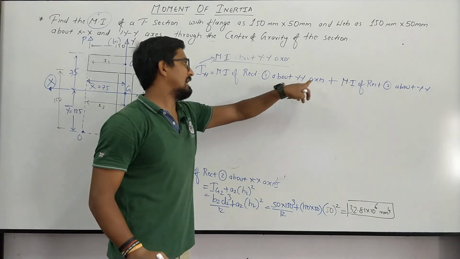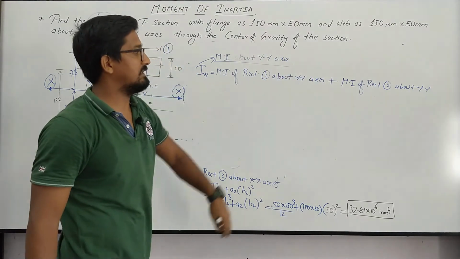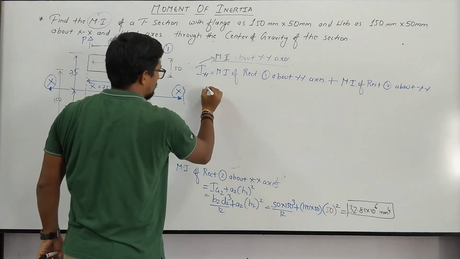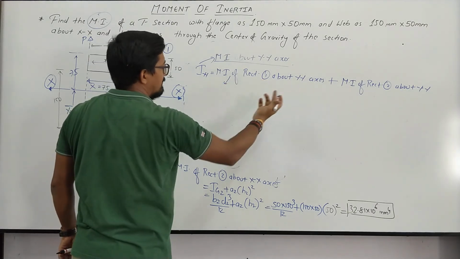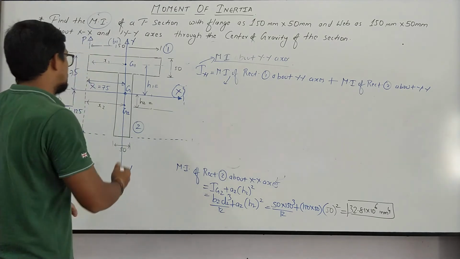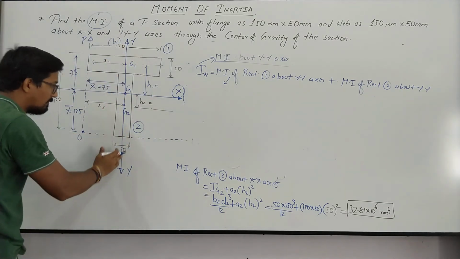Moment of inertia of rectangle 1 about y axis, moment of inertia of rectangle 2 about y axis. Now first we will see how to calculate the moment of inertia of rectangle 1 about y axis. So now we have to calculate the moment of inertia about y axis, correct?